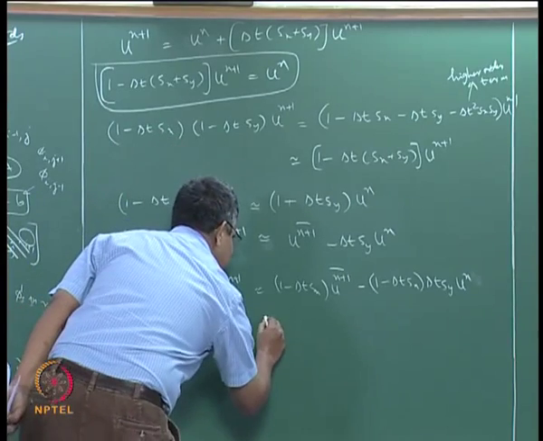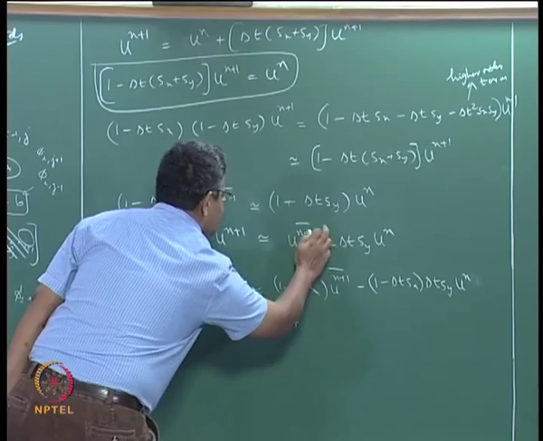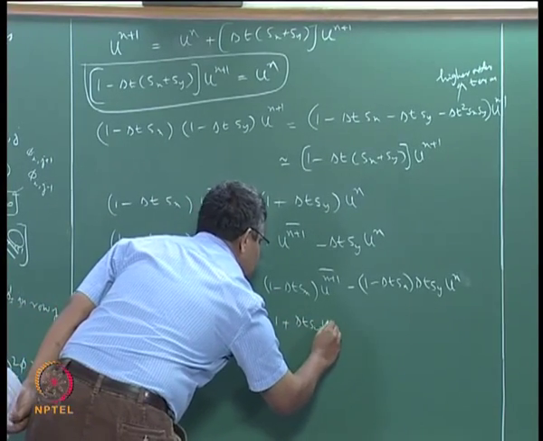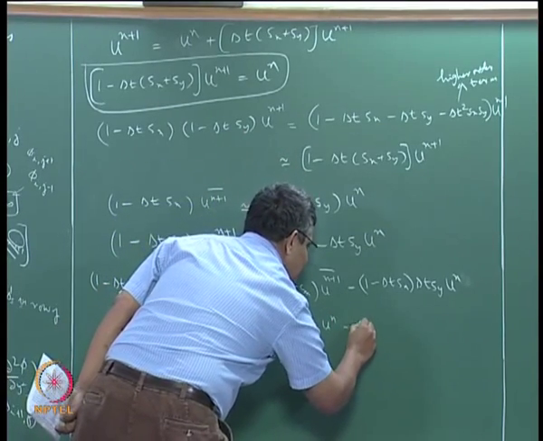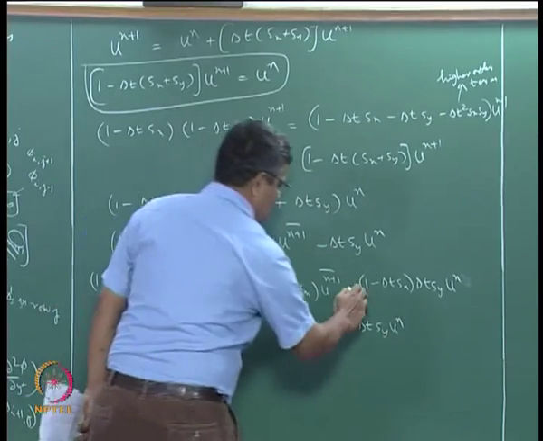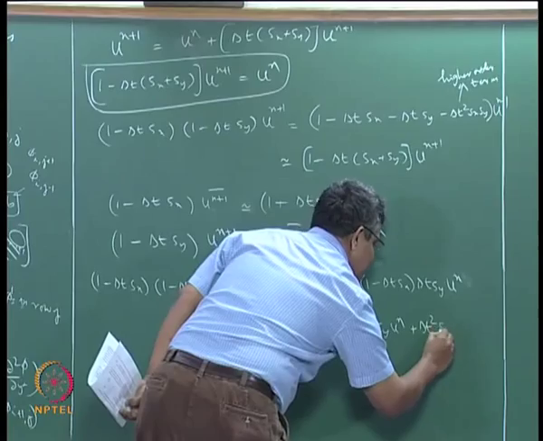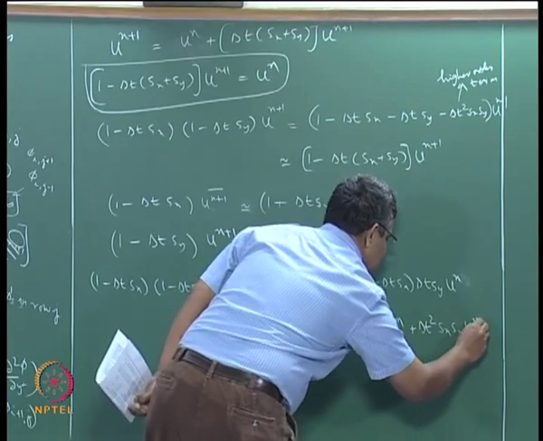So substituting for this value, we get 1 plus delta t Sy u n, and here this will be minus delta t Sy u n and plus delta t square Sx Sy u n.